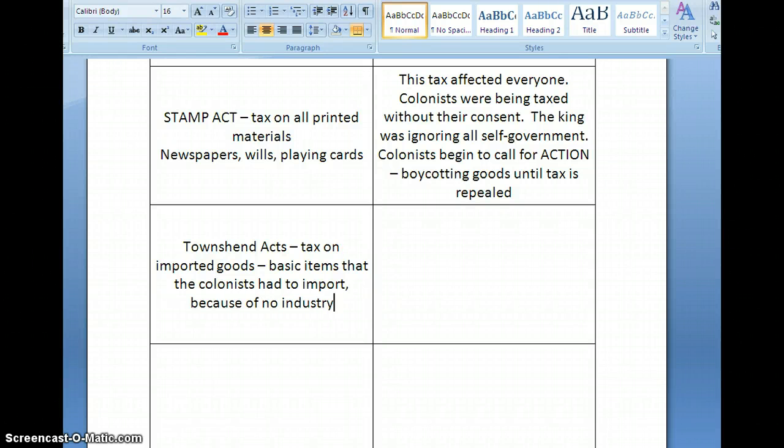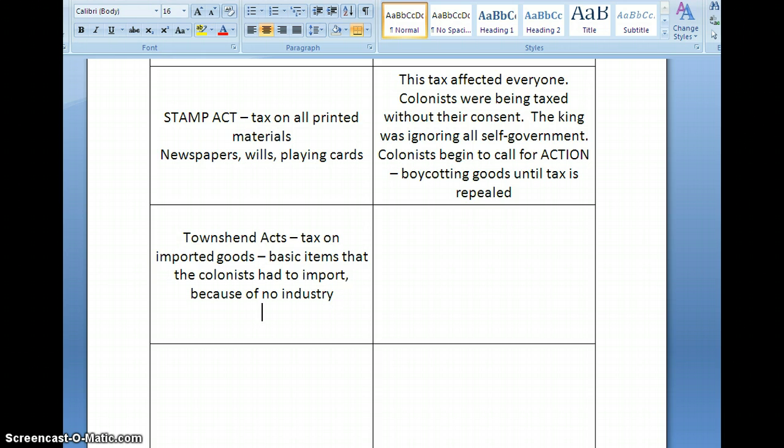Okay, and what I mean by that is the Townshend Acts put a tax on all the things the colonists had to import because they couldn't make them in the colonies. Things, surprising things such as glass, paper, tea, and lead. Lead would be used for bullets and things.